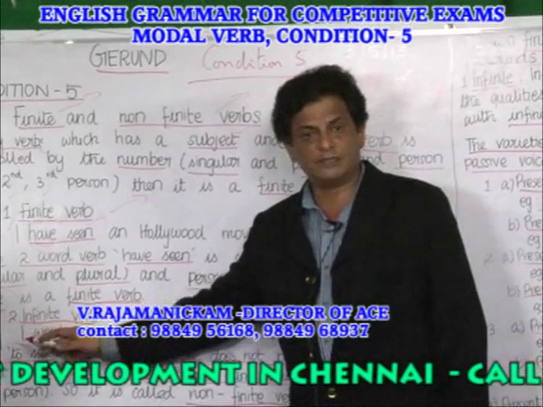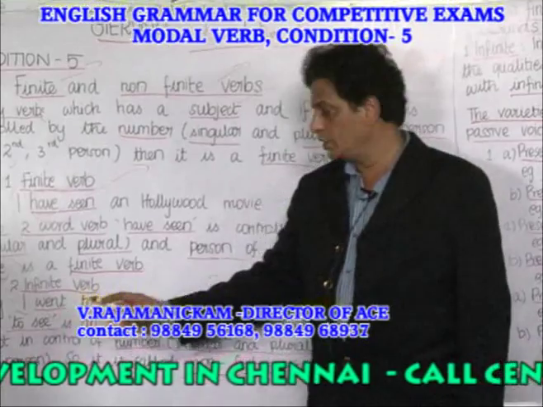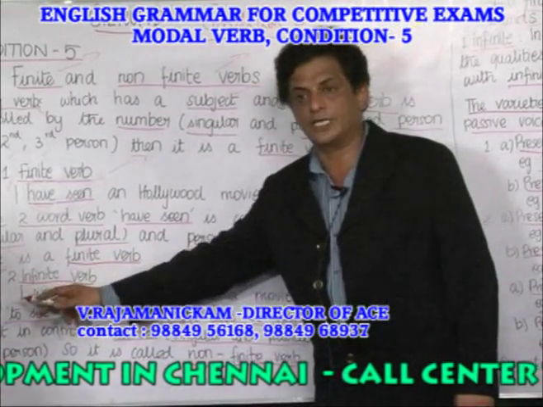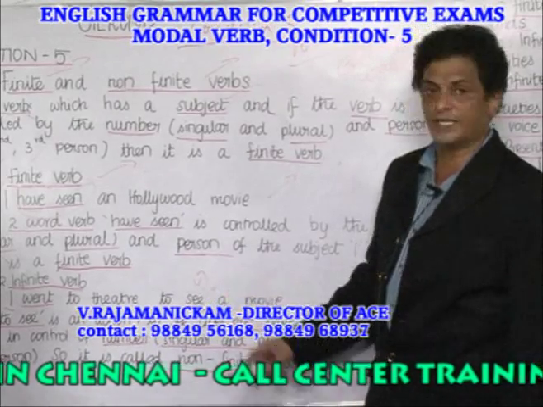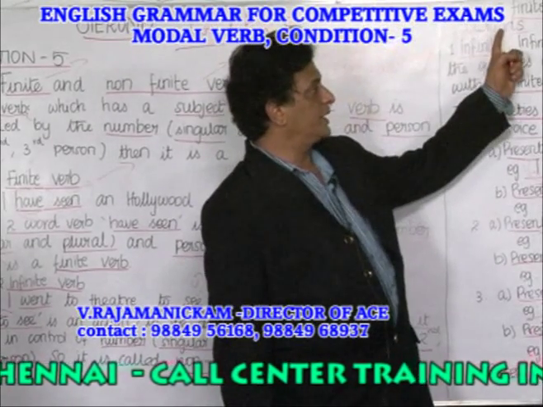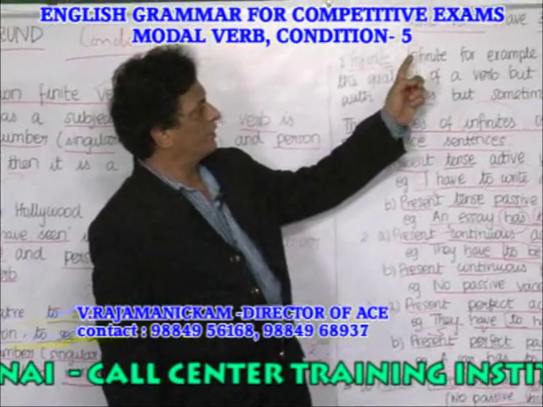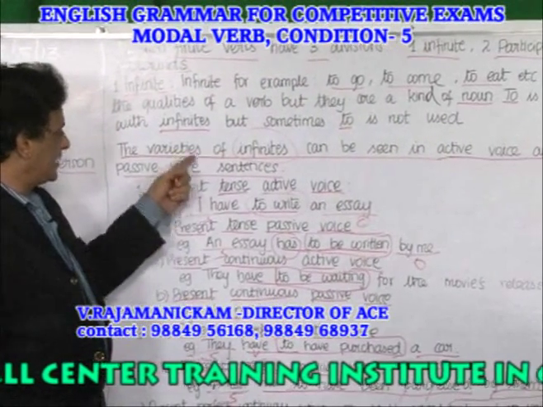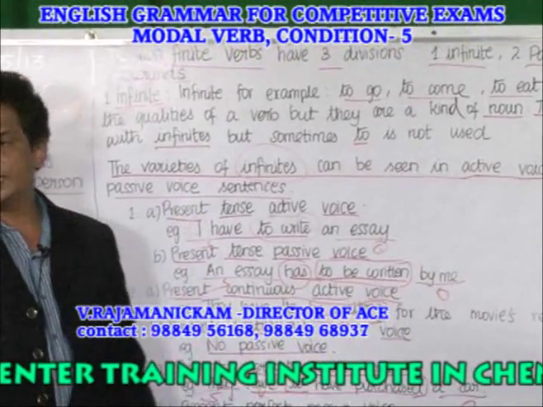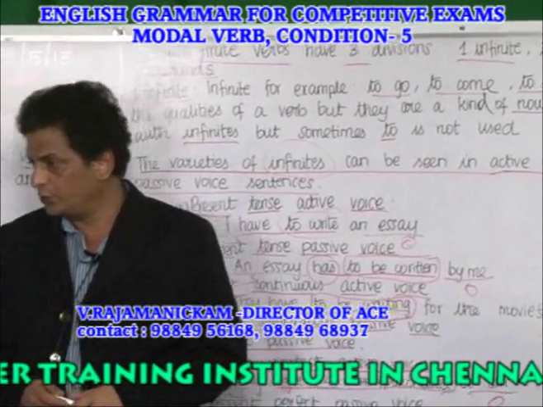I becomes the subject, went becomes the verb. To see is not controlled by the subject, so to see is non-finite. Non-finite is divided into 3. What are they? Infinitives, participles and gerunds, and in active and passive voice you can see it very clearly. Able to understand? No doubt about it?